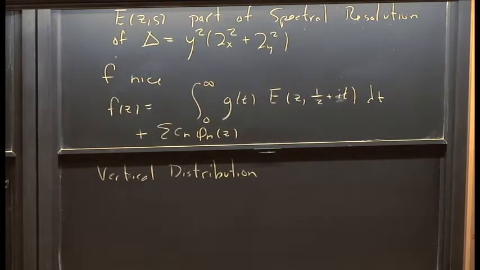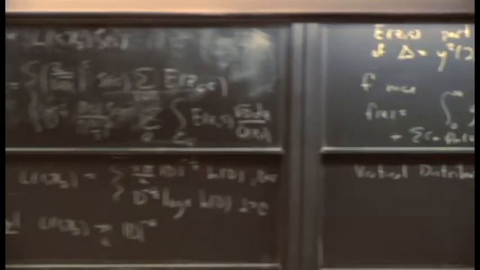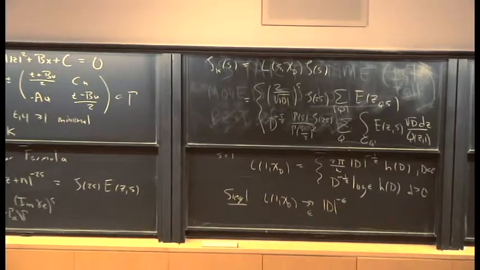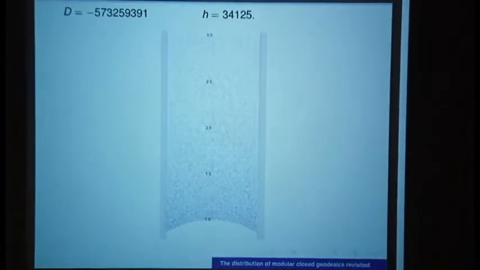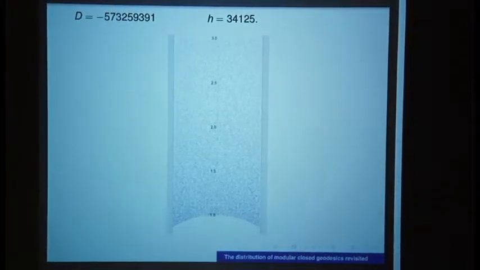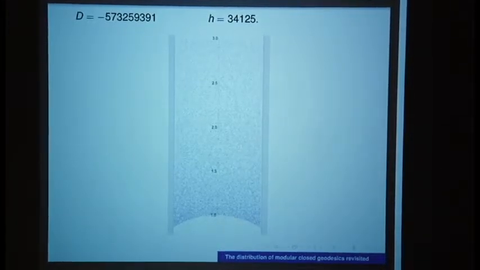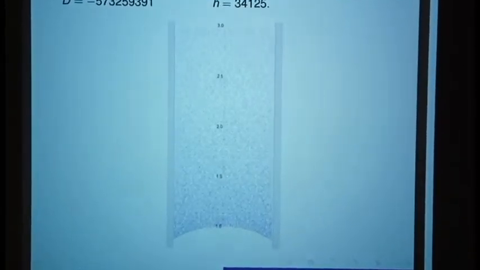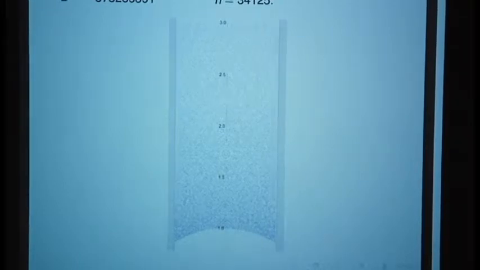And so, for example, let me go back to the CM picture. So back here, if you took, for example, the strip between 2 and 2.5, and you think that these points are uniformly distributed, you could use the Eisenstein series to count how many points are in a strip. Not only how many points there are in the whole fundamental domain, but how many points are in a strip.